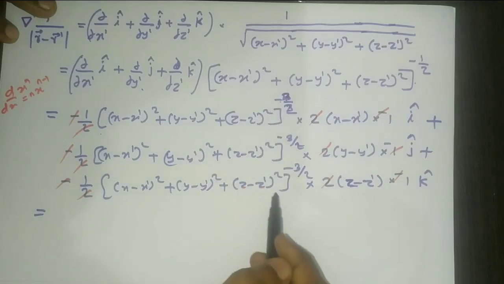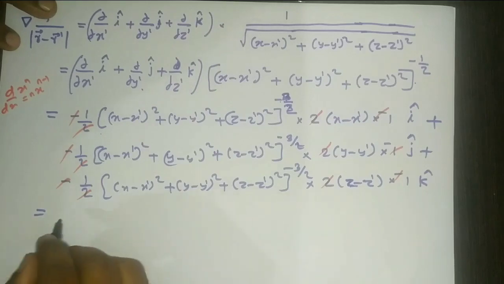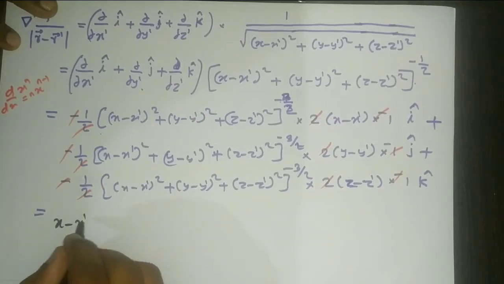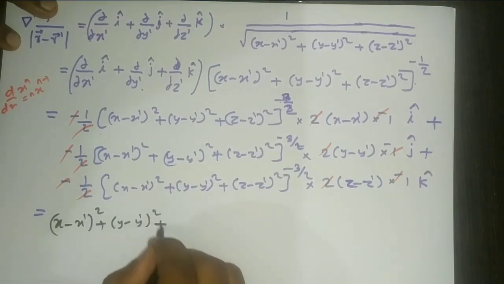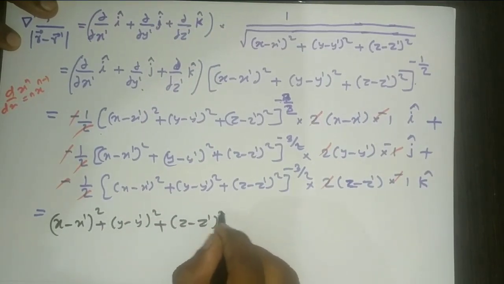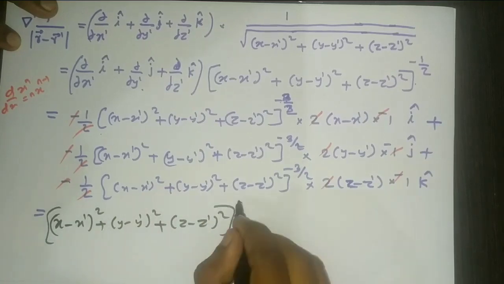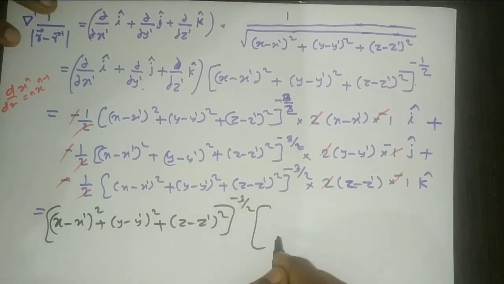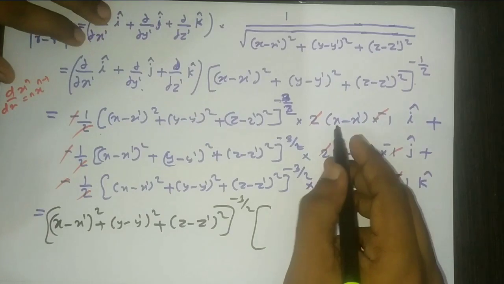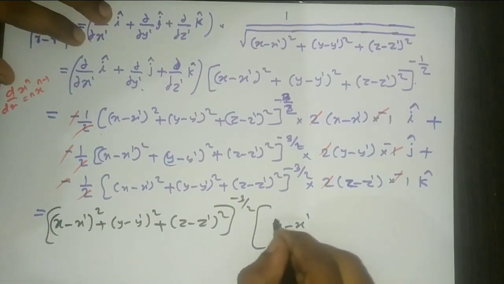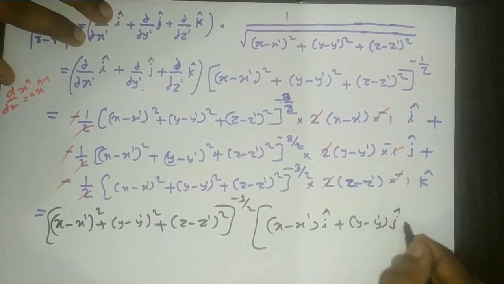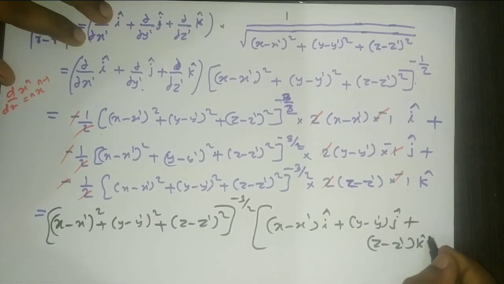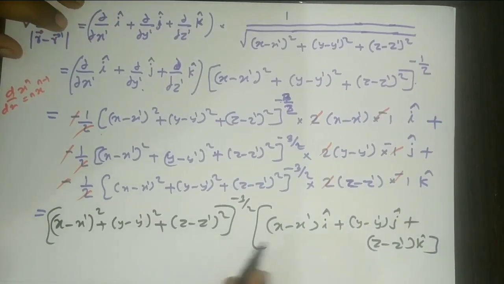This is common in all the terms, therefore we can take it outside. Then the remaining term is (x − x') i cap plus (y − y') j cap plus (z − z') k cap. Okay, all the terms are positive.